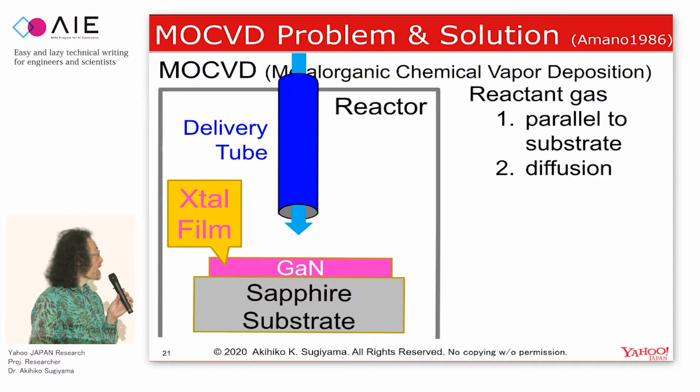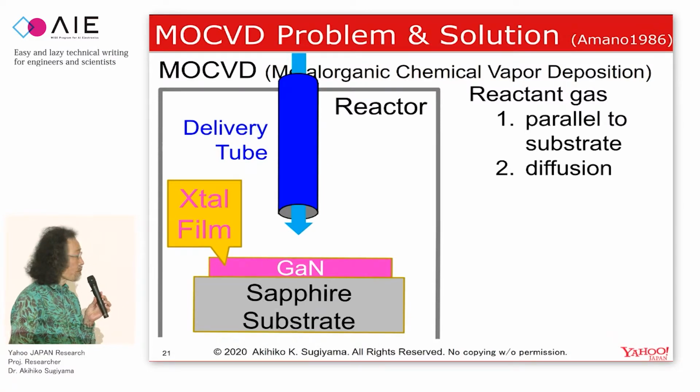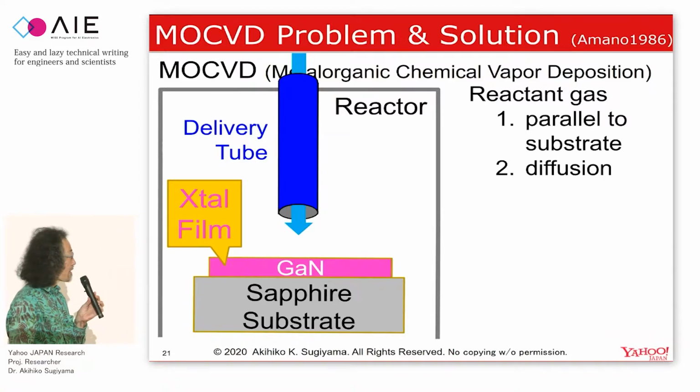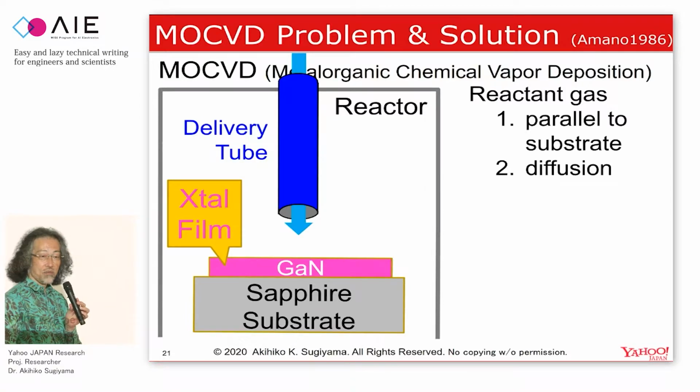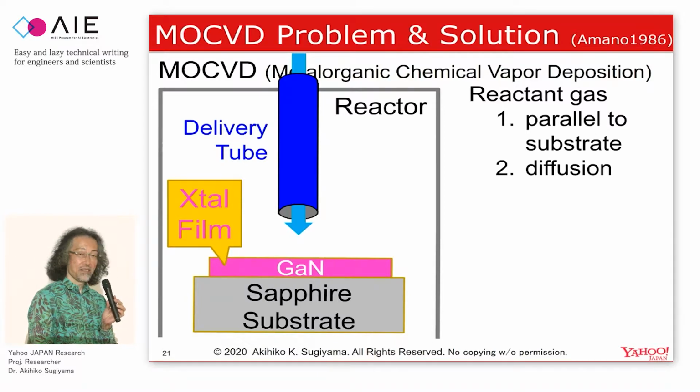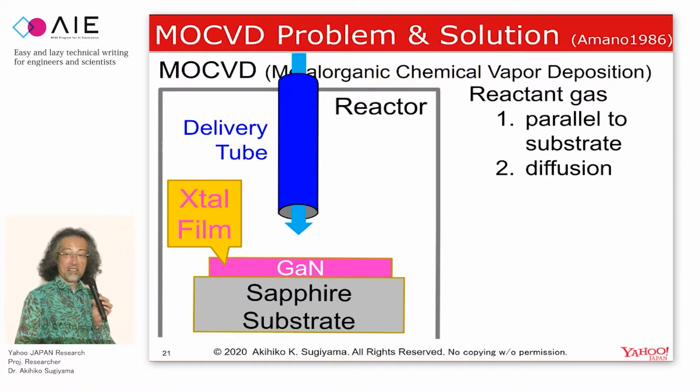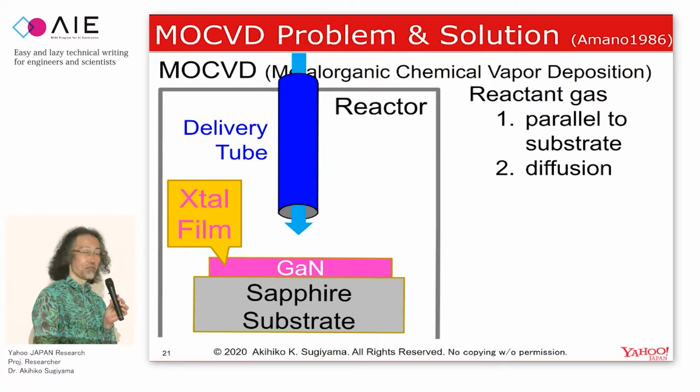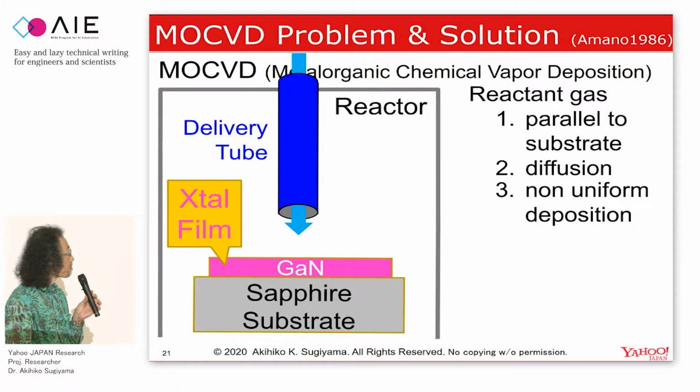This tube sends the reactant gas to the vicinity of the sapphire substrate perpendicularly, so that there are more chances for the reactant gas to touch, because it is not in parallel. It's perpendicular to the sapphire substrate.